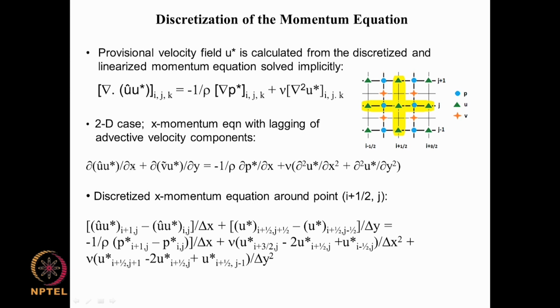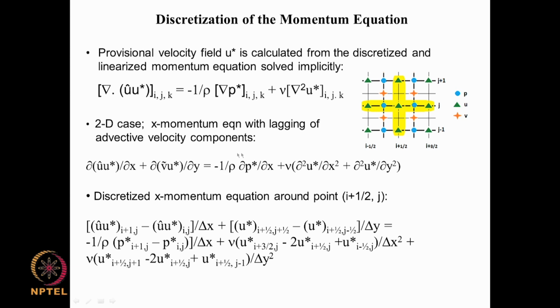The discretized form of this, we are solving this for u, and we are also solving this currently in the pressure correction or pressure equation approach with an assumed pressure. So the star quantity here means that it is, as of now, a provisional value, and we are using this equation to get u star for a specified p star.